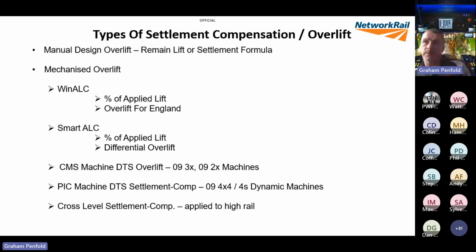Or we've got our Plasser machine settlement compensation. This is Plasser Intelligent Control, and this is on our latest, newest machines, our 09-4X 4S Dynamic machines. And you have also got something called Crosslevel settlement compensation, which is applied to the high rail, which is a really useful feature on the machines as well, and a form of overlift, which I'll explain.